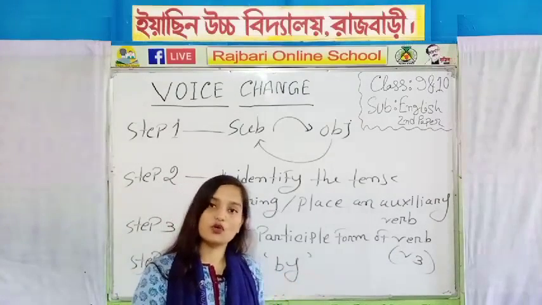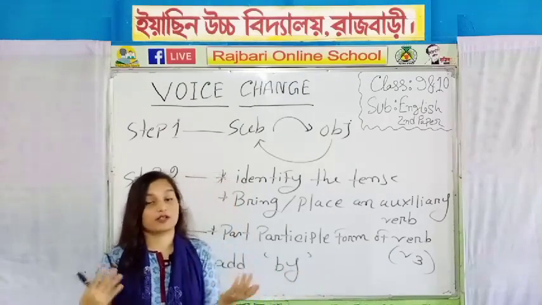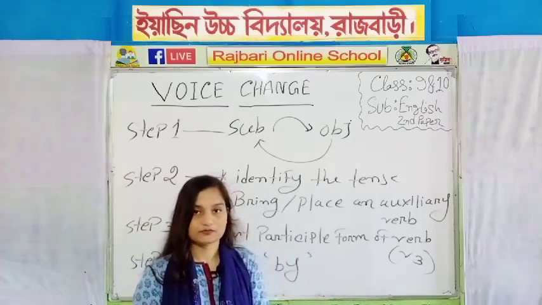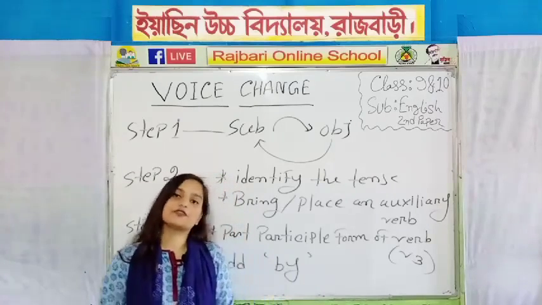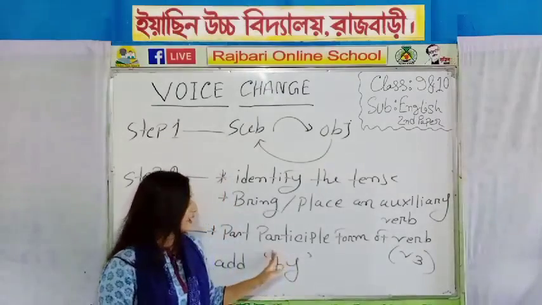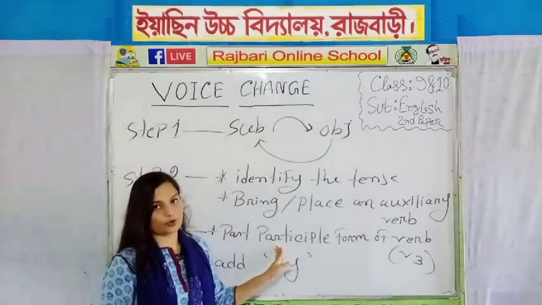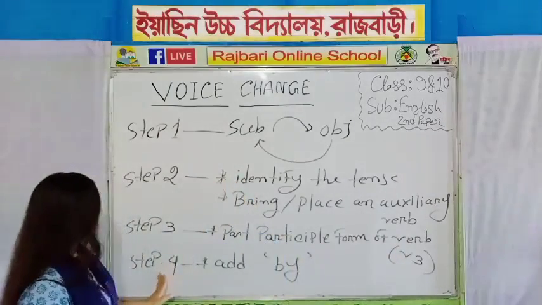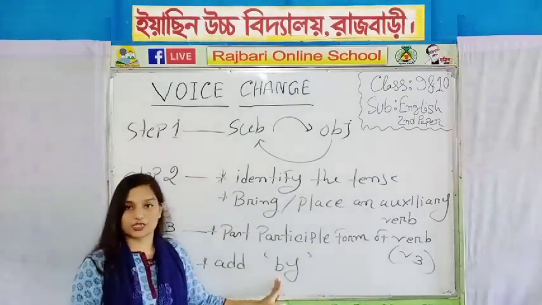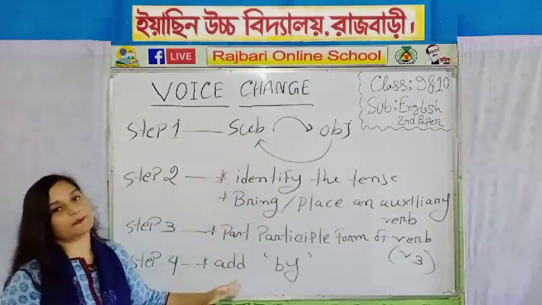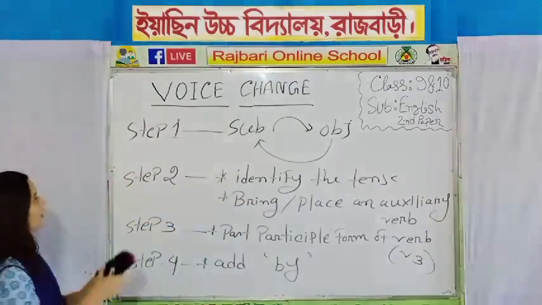If the verb is go, it will be went, gone: go, went, gone. If the verb is write, it will be written. That means for making any passive voice, you have to make the past participle form of the verb. Now the fourth step is you have to add the preposition by in passive voice. So this is basically the rule of passive voice.